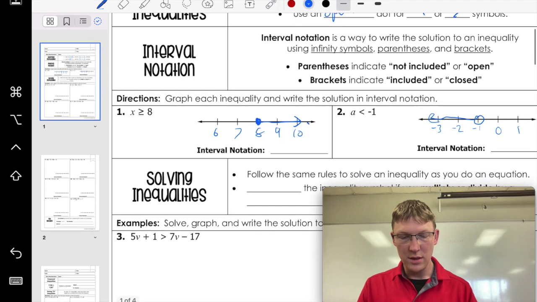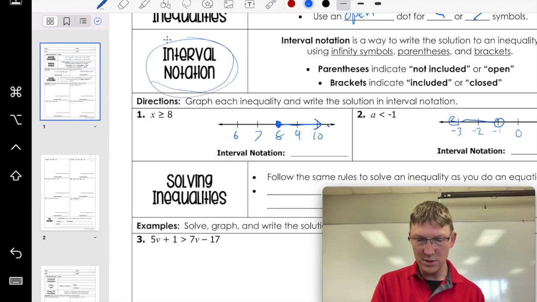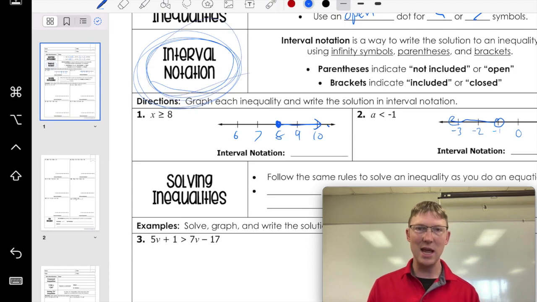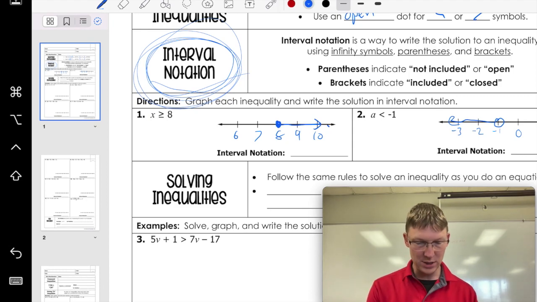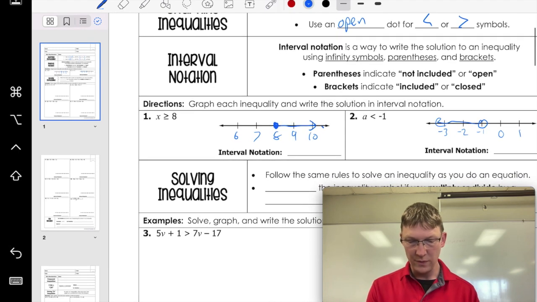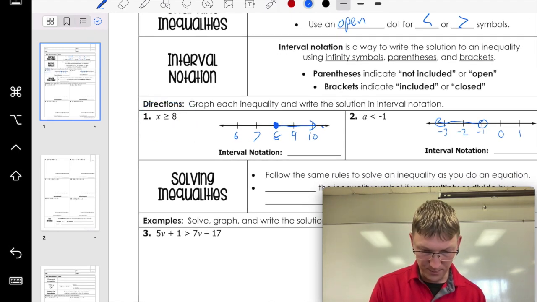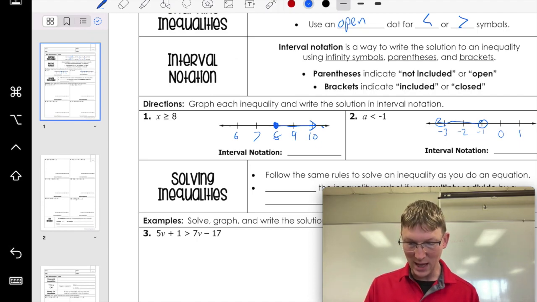The next part we're going to talk about is this thing called interval notation. This is just another way to write it if we didn't want to draw a whole picture or write an equation. So if we are referring to this interval, back at number 1, it is all values including 8.